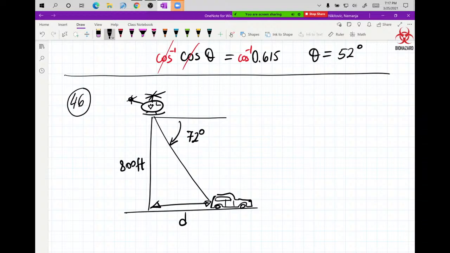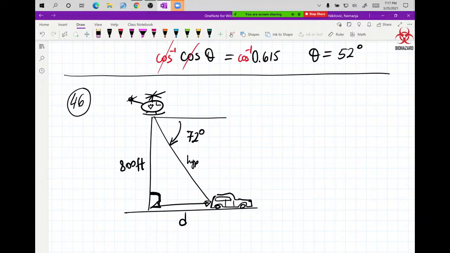Well, we know that this is 90 degrees. We know that this is the hypotenuse. And now, is there any angle that we can quickly compute? Anyone? Because the angle that is given is outside of the triangle. So it's kind of useless to me. I need an angle inside the triangle so I can compute stuff.